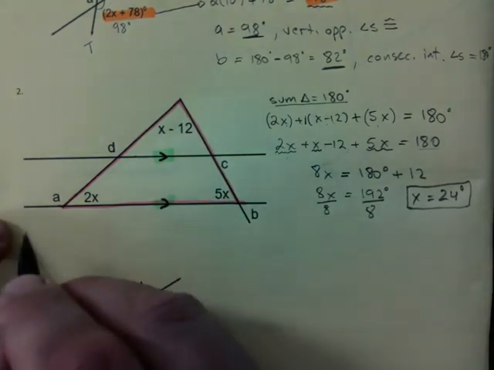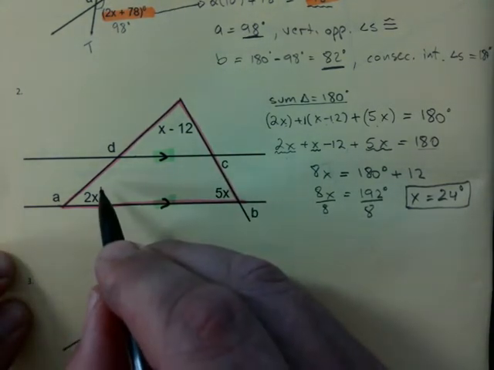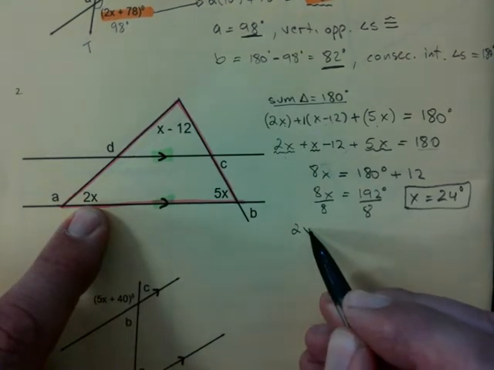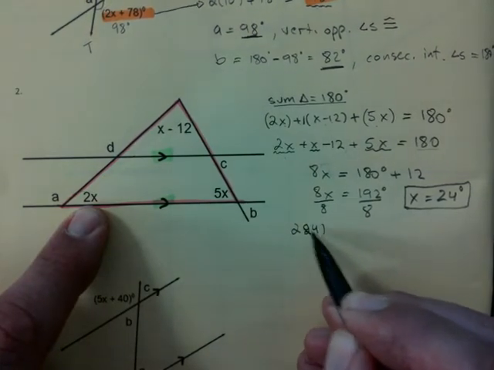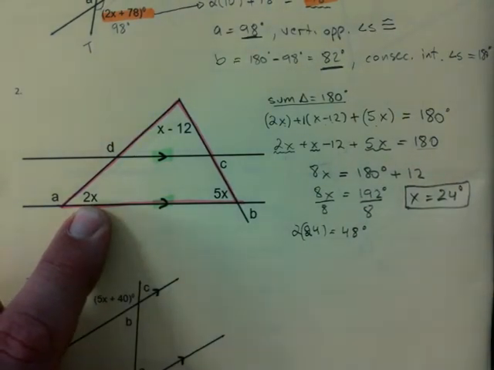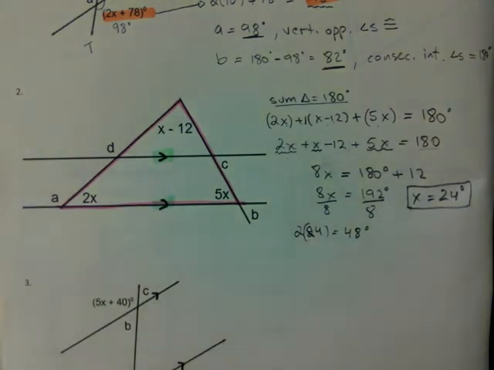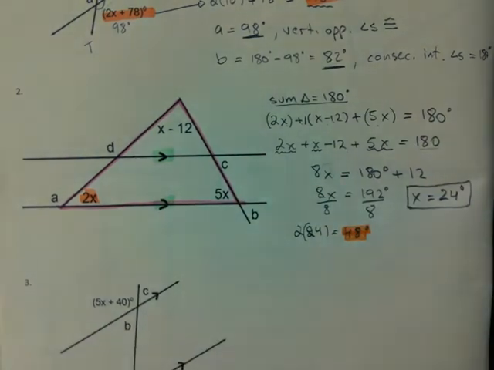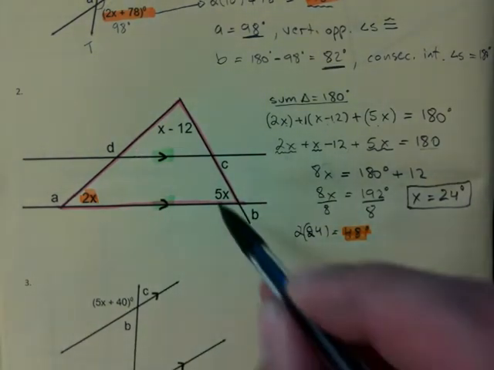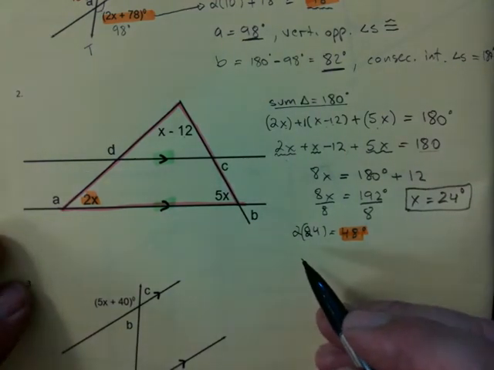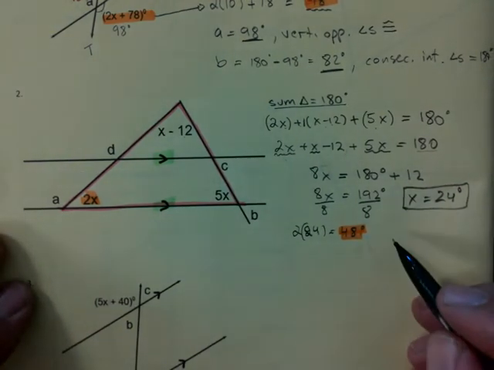Okay. So I'm going to do this. 2x, sorry, 2x is 2 times 24. That's 48 degrees. That is this one here. Okay. Are they all the same? No. So you need to actually plug in every single one. And I'm going to eat into this one, and I don't want to do that.